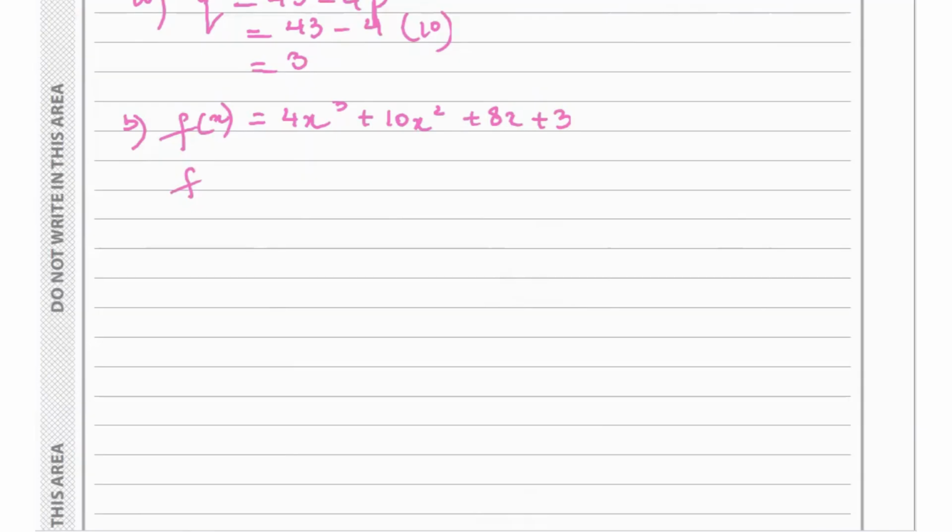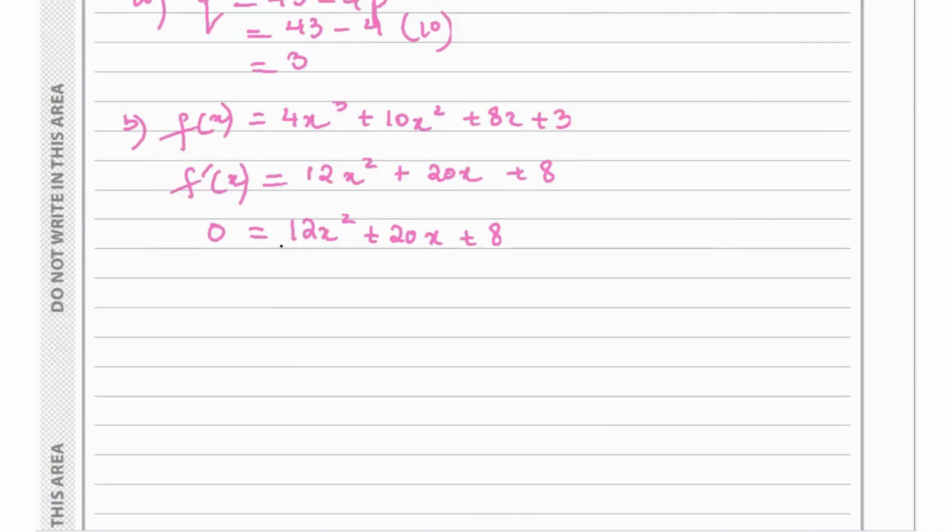Differentiate this: bring the power down, multiply it with the coefficient, then subtract 1 from the power. So 12x squared plus 20x plus 8. They're saying that the function is decreasing, which means we put it equal to 0. And that's going to be 0 equals 12x squared plus 20x plus 8.